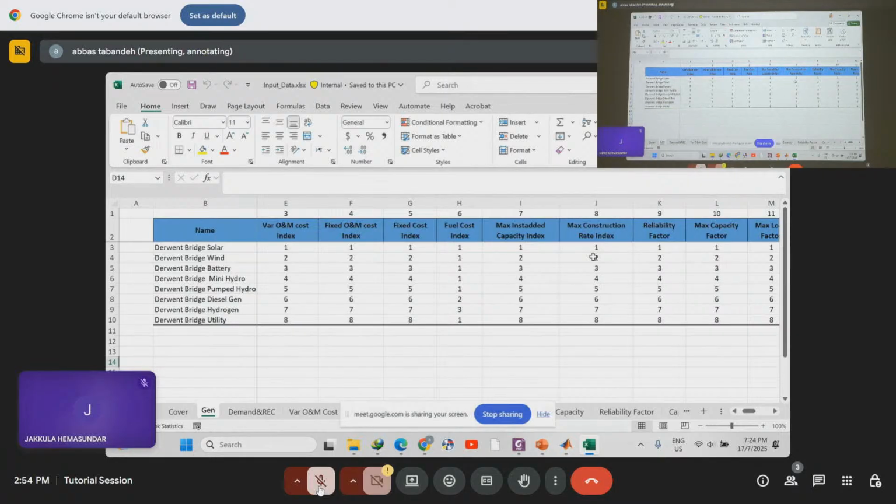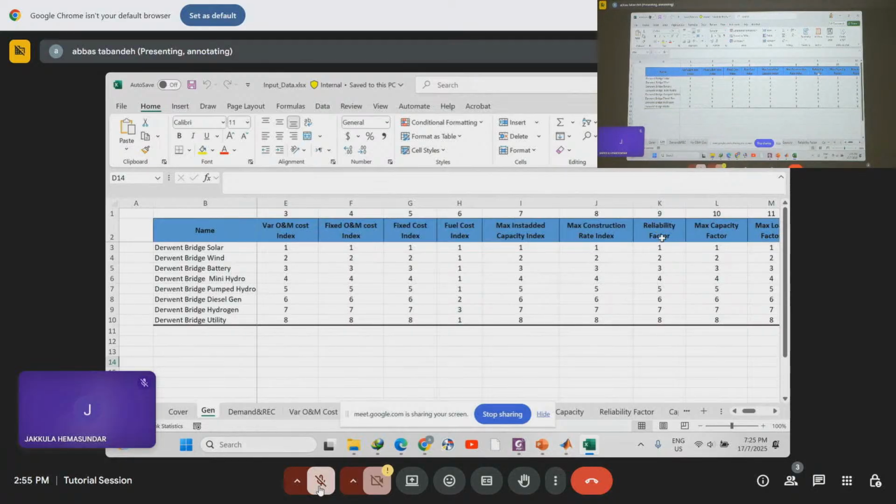For example, in the second year, we need to install 20 kilowatts of wind turbines. However, in the next year, or next 5 years, we need to install another, for example, 30 kilowatts.